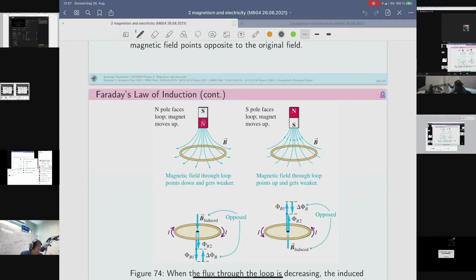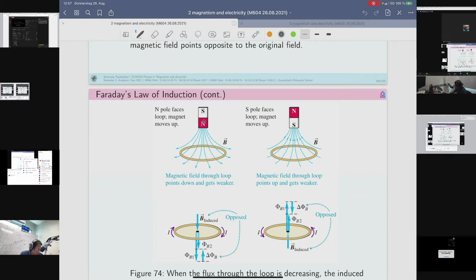Here, at the first state, you have phi B1, a magnetic flux with a quite long vector, and after that you move it out of the conductor, and you get a smaller amount of magnetic flux, represented by the shorter vector here, phi B2. We take the difference, as in physics: the final state minus the initial state.